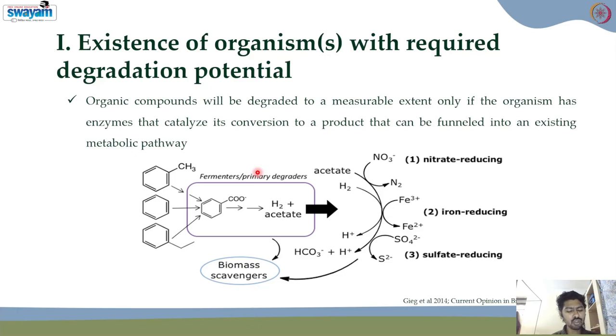Since they contain unusual groups, it often triggers resistance or recalcitrant behavior to biodegradation. So this is why you need to find the right microbe for degrading the pollutant.